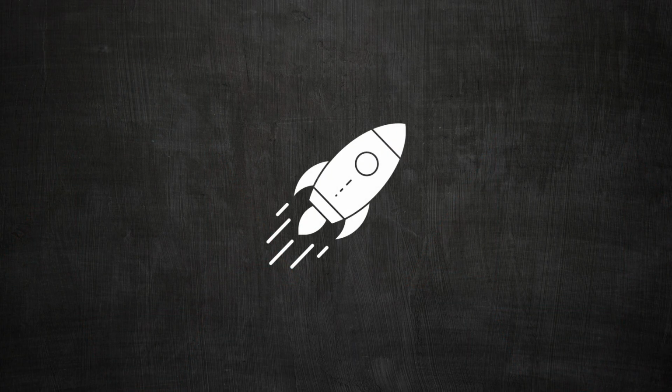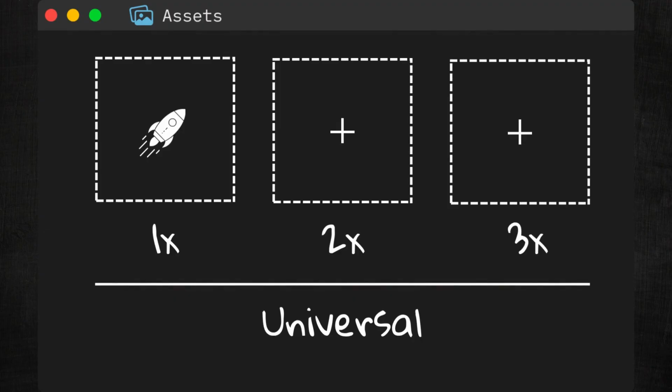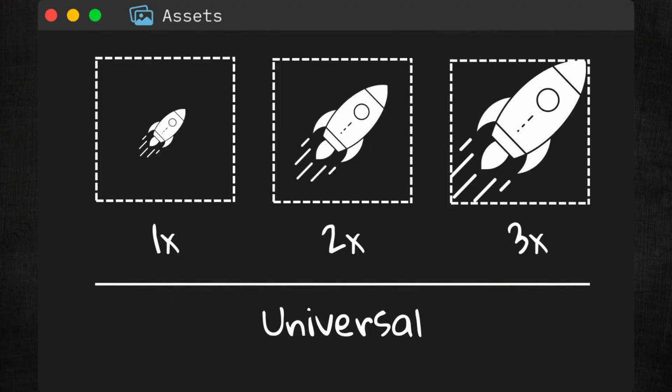Therefore, it is generally recommended that when you draw an asset, you make it in 3 different sizes. So you store 1x for non-Retina devices and double the size and triple the size for Retina devices. We'll later in the video have a look at how to do that in the graphics editor Krita.